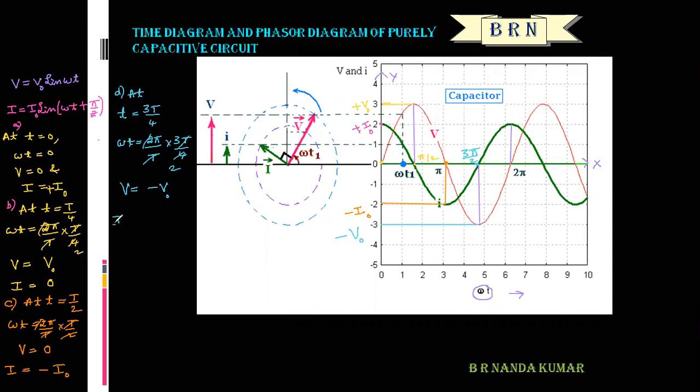Current is I equal to I naught sine of (3π/2 + π/2), that is 4π/2, which is 2π. Sine of integral multiples of π is 0. So current is 0. So at this phase, voltage is minus V naught, and current is 0.